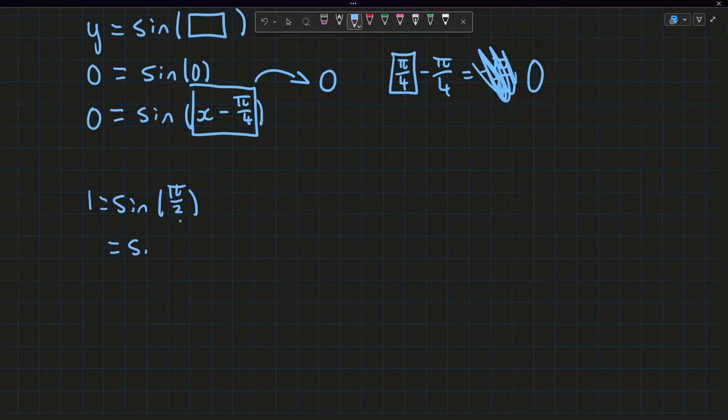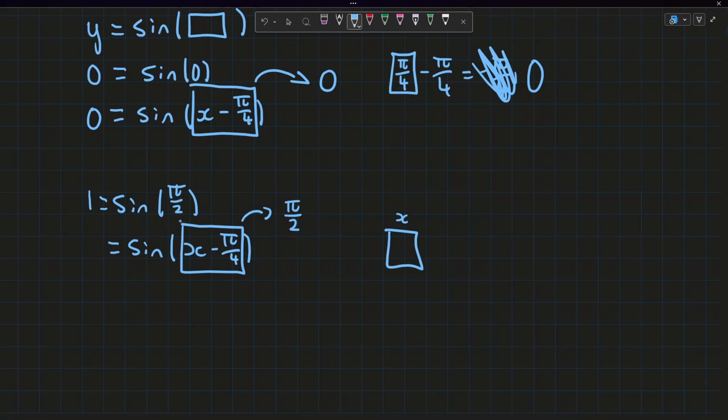But we have sine of x minus pi on 4, and we want this to be pi on 2. We can't just make x pi on 2, because then it will minus pi on 4, which will just be pi on 4, so that won't get us what we want. So what does x need to be? What minus pi on 4 would give us pi on 2?